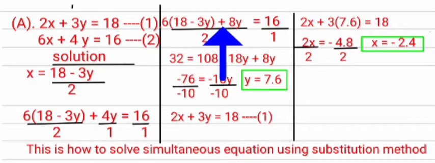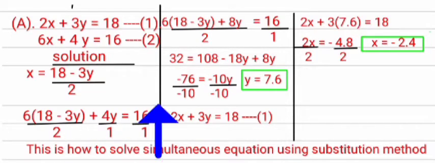So what we need to do, after opening this bracket, is look for the LCM. In case you don't know how to find the LCM, we are going to touch on that very soon. It might be my next topic. To look for the LCM here, you just need to know that since nothing can go into 2 and 1, you just multiply the two of them together.